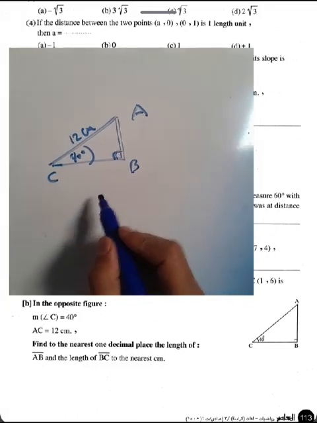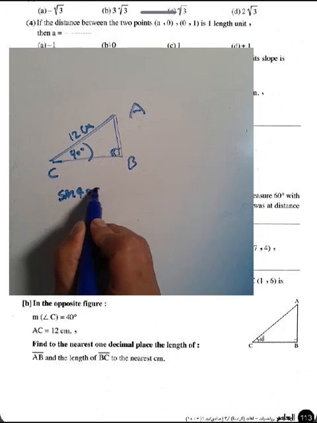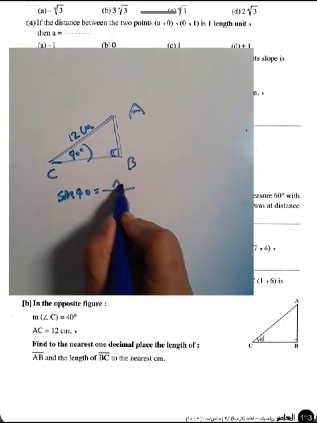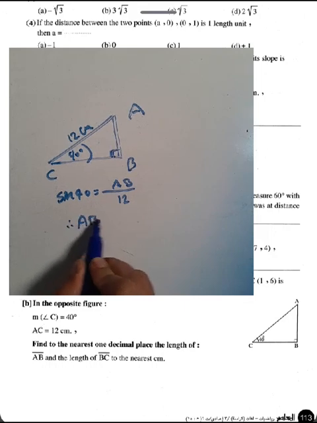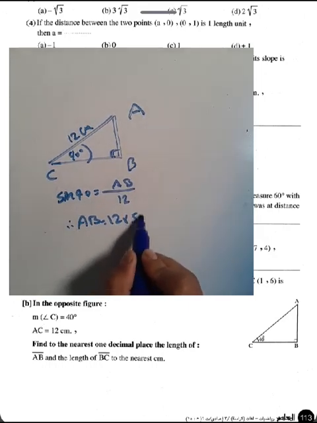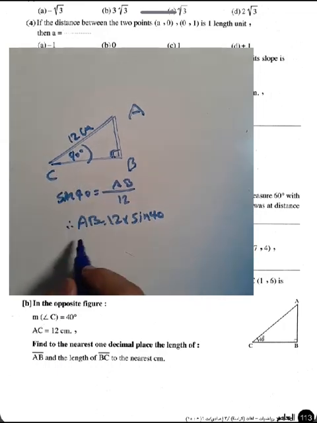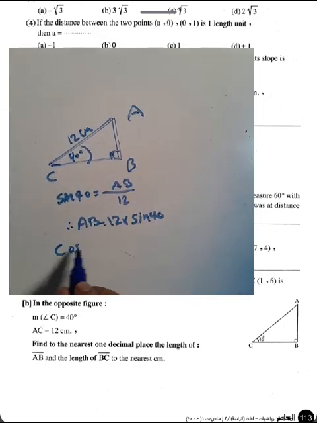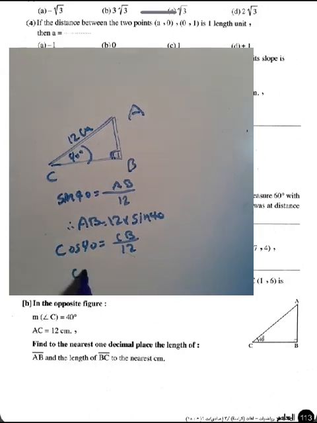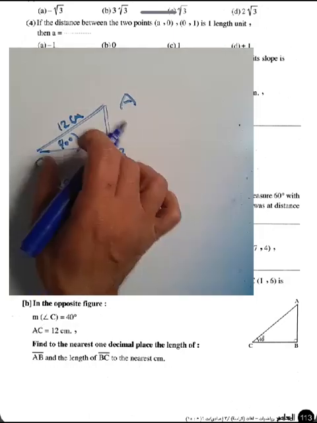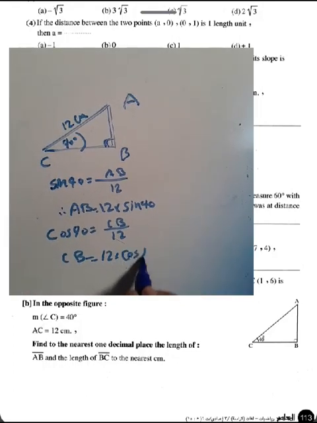We can find the length of AB by using sine 40, opposite over hypotenuse. Then AB equals 12 times sine 40. And you can find CB by writing cosine 40, which is CB over 12, adjacent over hypotenuse. Then CB equals 12 times cosine 40.